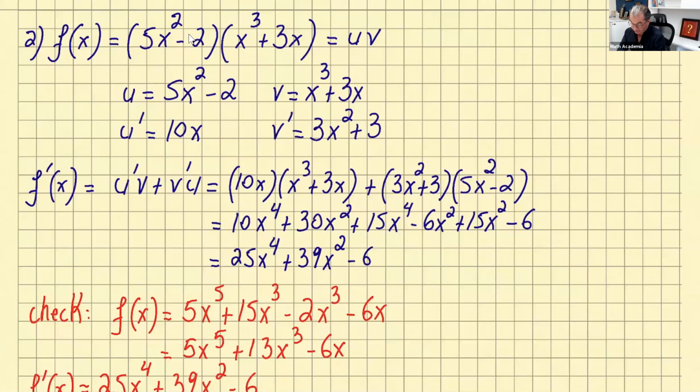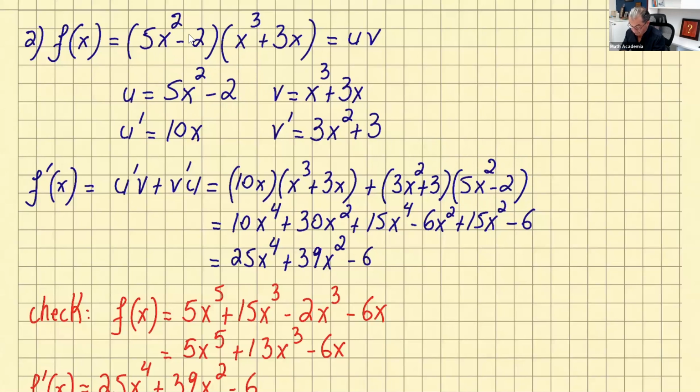The derivative of x cubed is 3x squared, and the derivative of 3x is 3. Let's use the formula u prime times v, which is x cubed plus 3x, and v prime, which is that, times u, which is 5x squared minus 2.